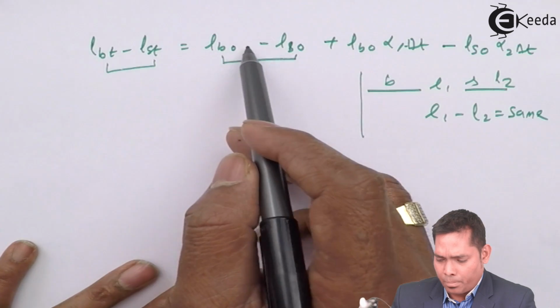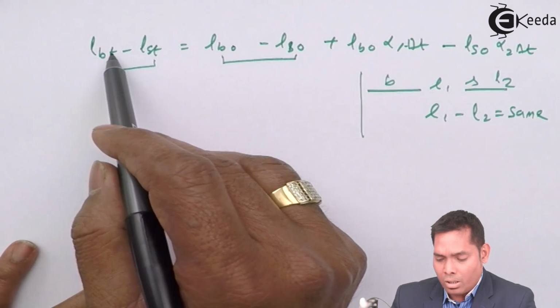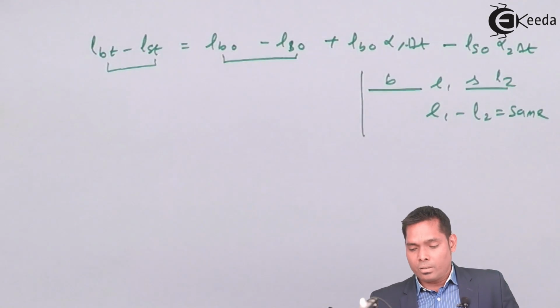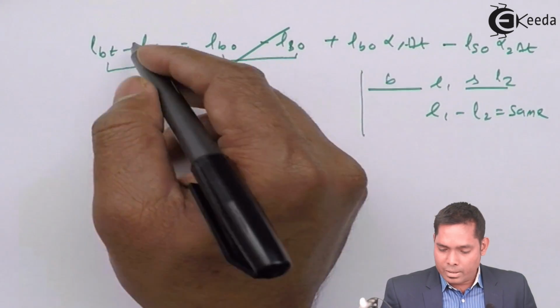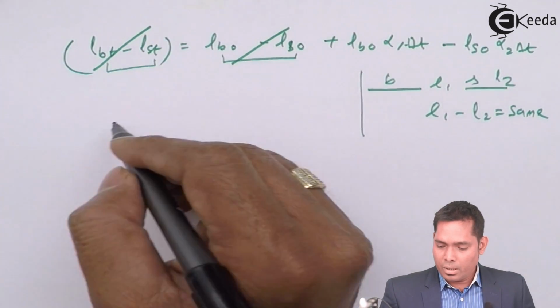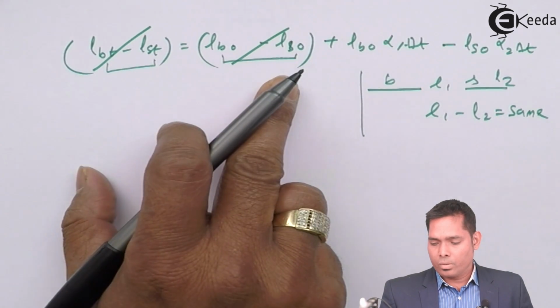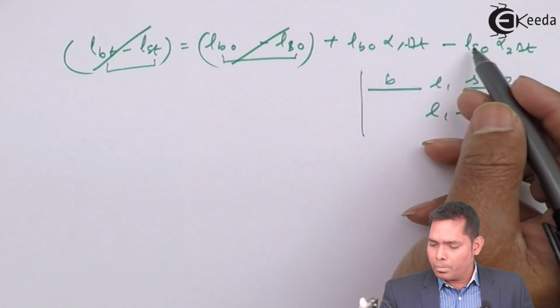Here the temperature I've taken as 0, here taken as T, but the difference in length will remain the same as in the question given. So therefore the whole of this and whole of this will cancel out. These are the same values, therefore this minus this is 0.